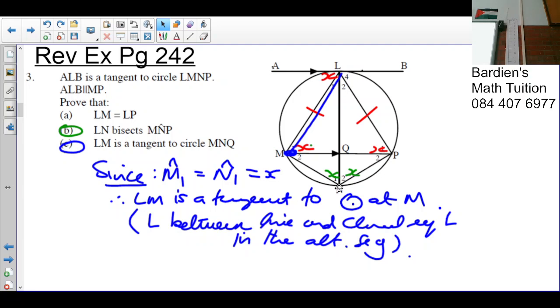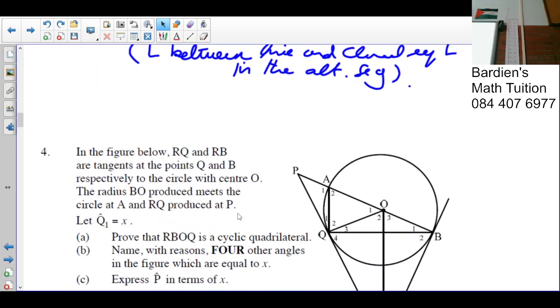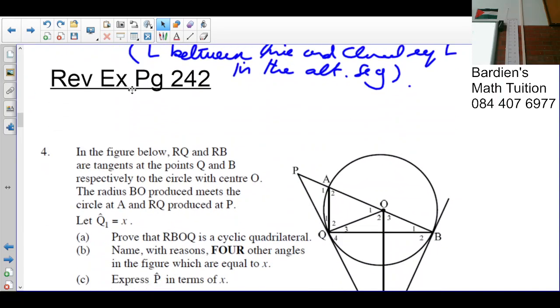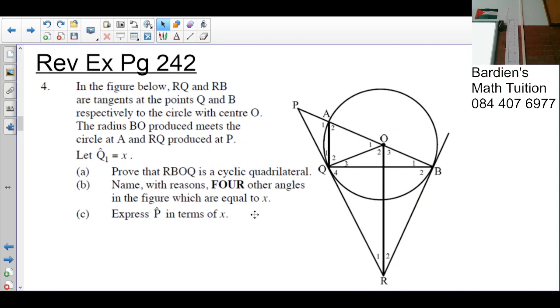Okay? So that is number 3. Let's move on to number 4. Revision exercise number 4, page 242.